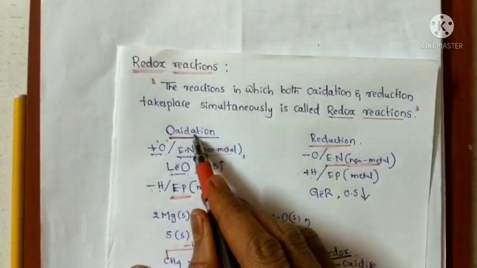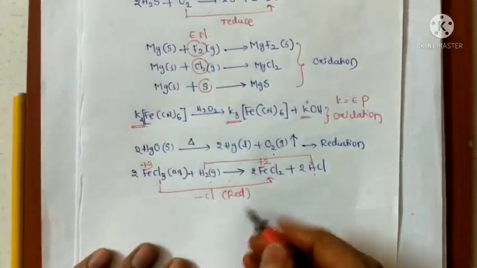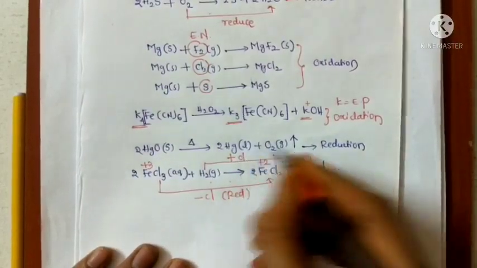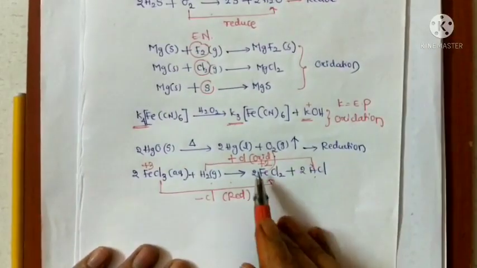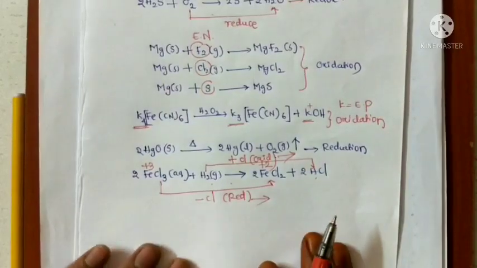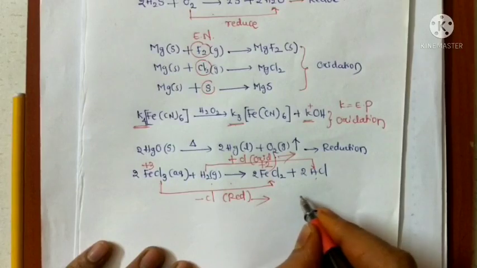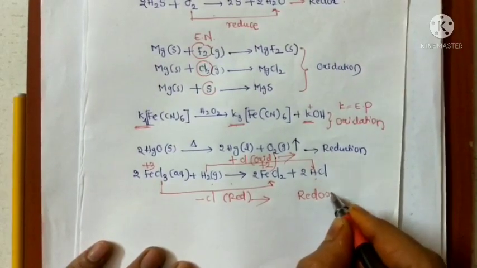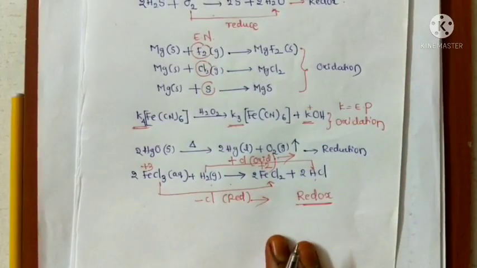Addition of a non-metal is an oxidation reaction. So simultaneously oxidation as well as reduction takes place. That's why this reaction is an example for the redox reaction.